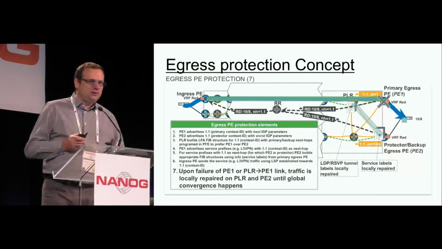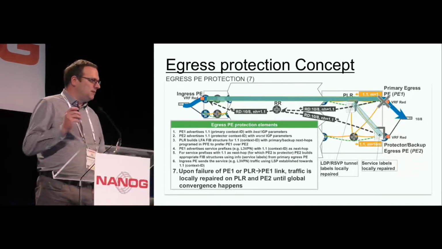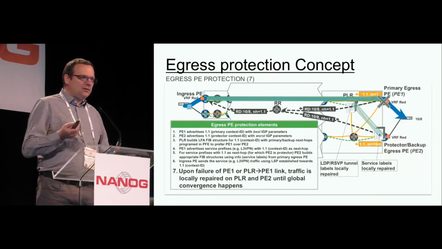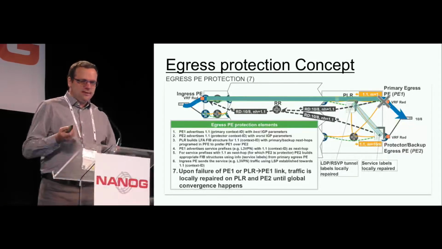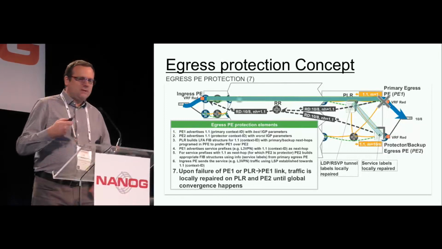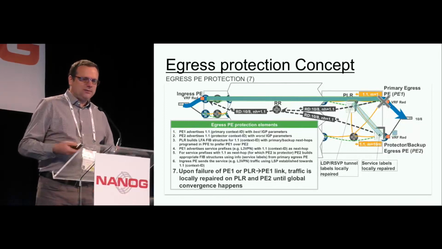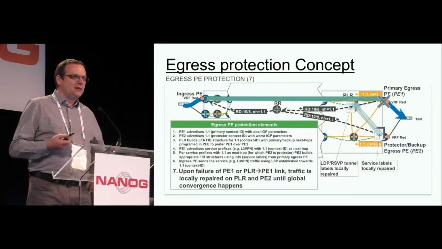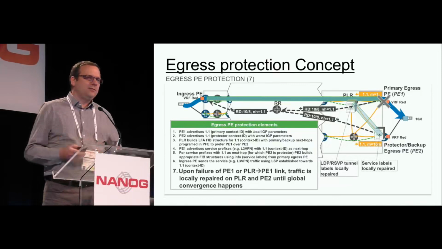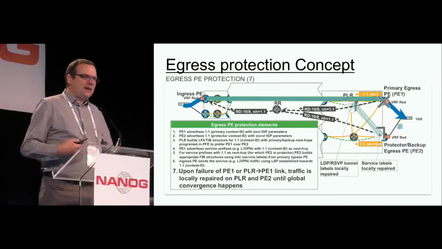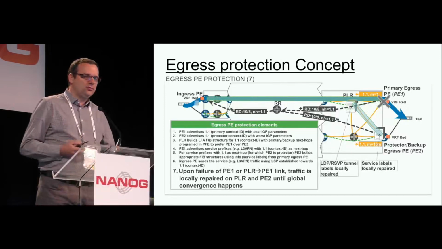This traffic eventually arrives at the PLR, the node directly connected to P1. And the PLR already knows that P1 is dead because the link to P1, for example, went down. So the PLR uses the backup next hop. Yes, we discussed that the PLR has prepared, for example, an LFA backup next hop. So the PLR is using the backup next hop and is redirecting this traffic to the protector.